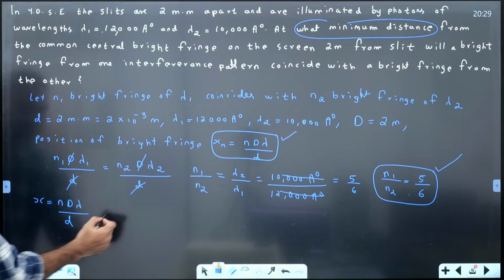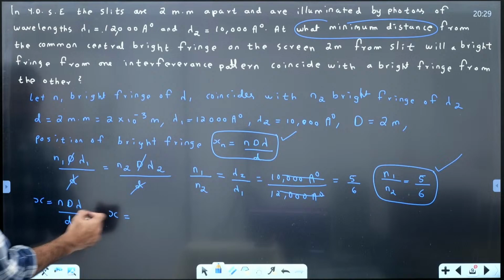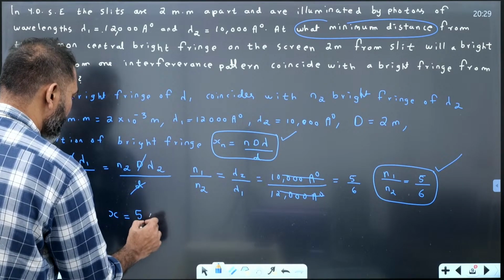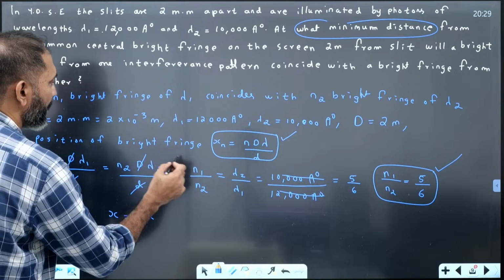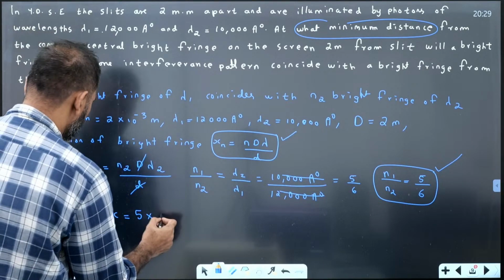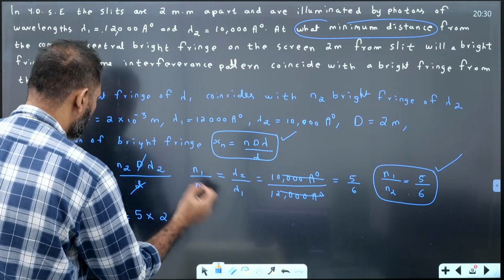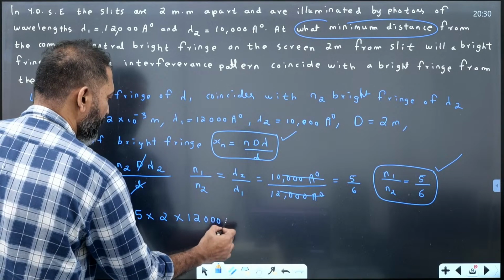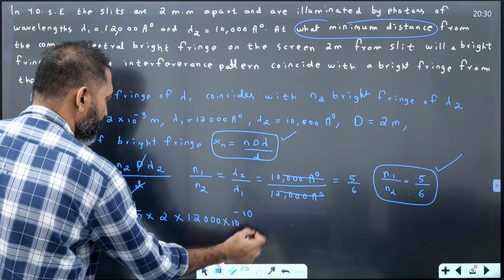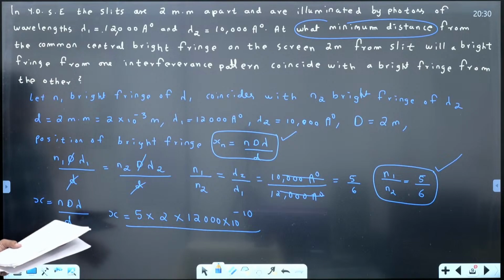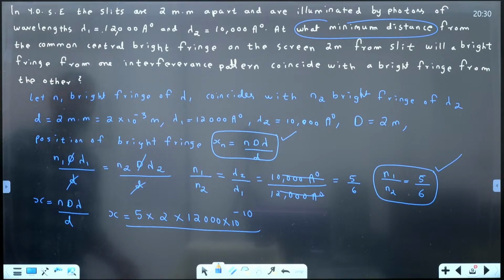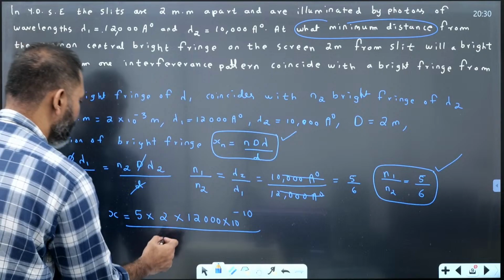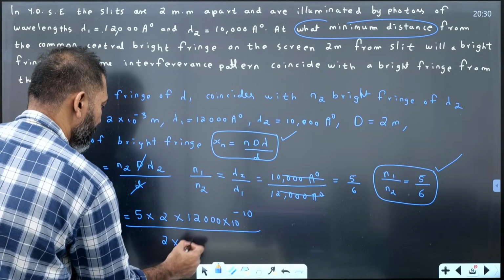In the first case, instead of n1 I write 5, D is 2 meter, and lambda in the first case is 12,000 into 10 raised to minus 10, divided by small letter d, which is 2 into 10 raised to minus 3.